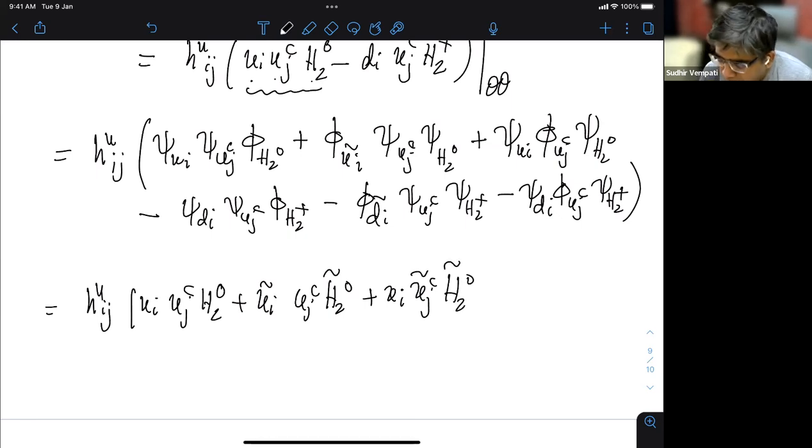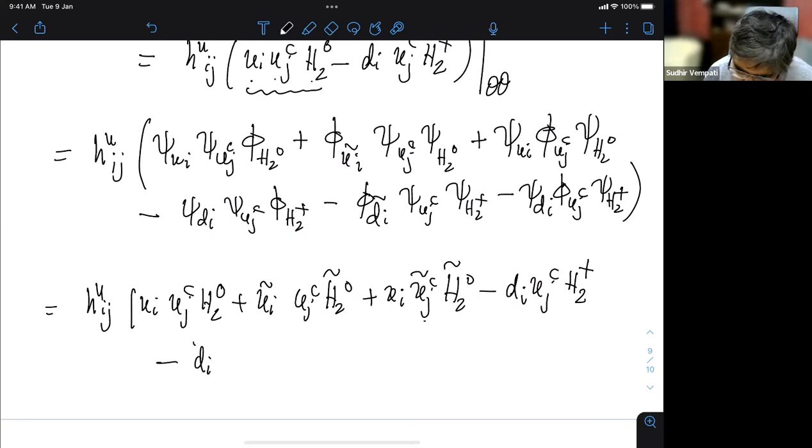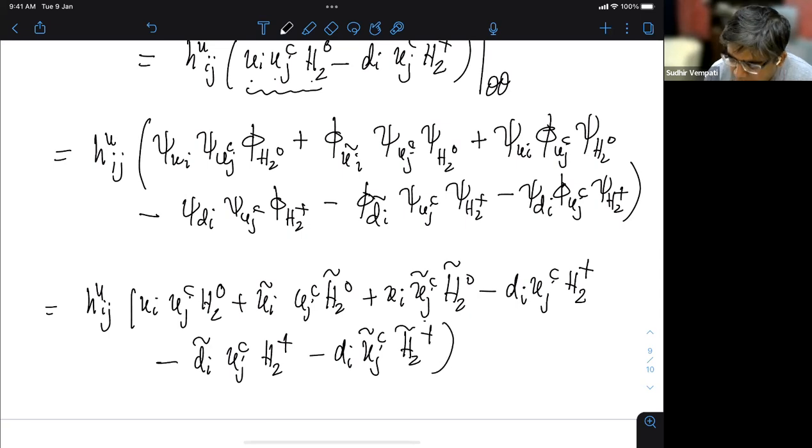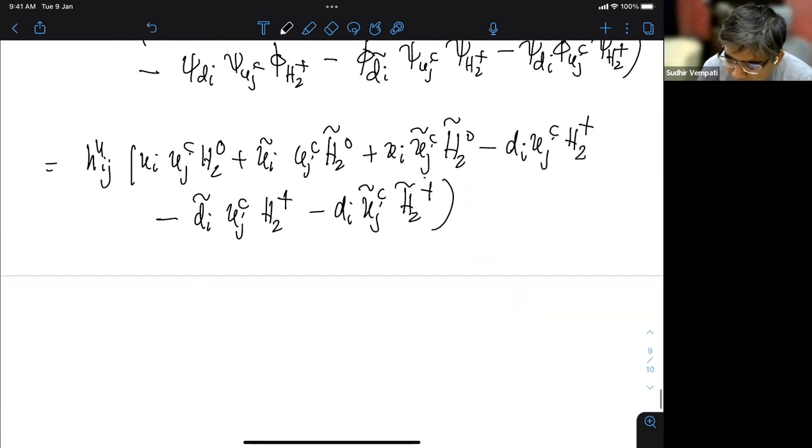So this is a Higgsino quark coupling. Okay. D_i U_jc H_2^+ minus D_i tilde U_jc H_2^+ minus D_i U_jc tilde H_2 tilde^+. So these are all the possible couplings.